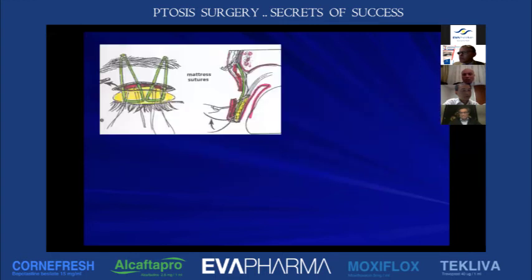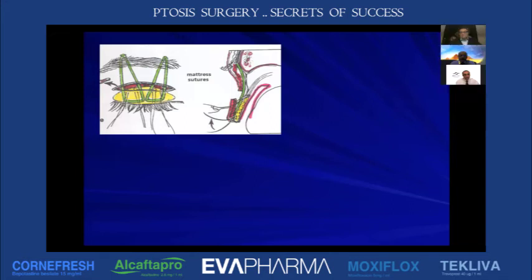So it's very important, if you are doing a sling operation or ptosis surgery, to put your sling in a good position, about 3 or 4 millimeters from the lashes, also to avoid any trauma to the hair follicles and to avoid madarosis later, and to pass the sling to the frontalis muscle and adjust it.